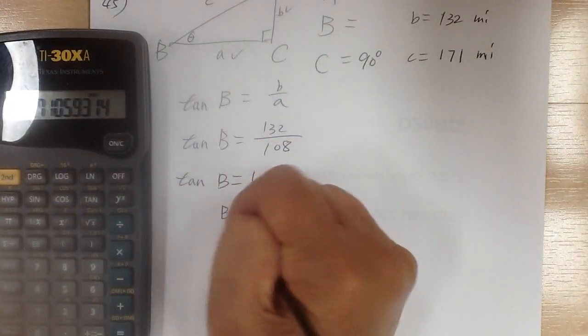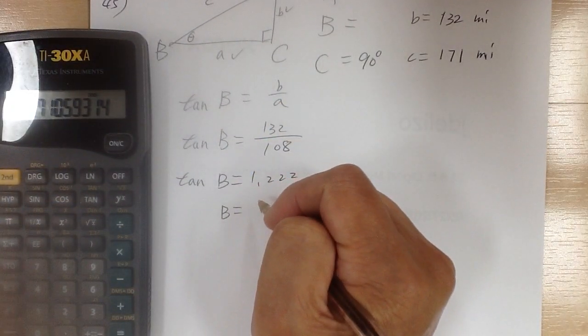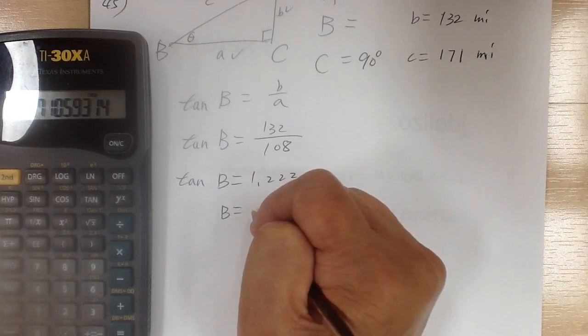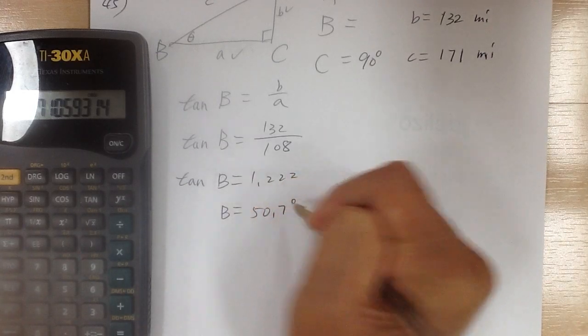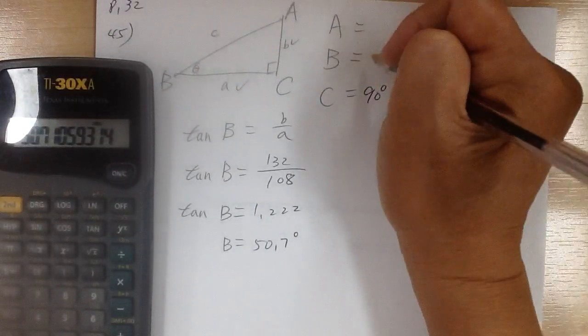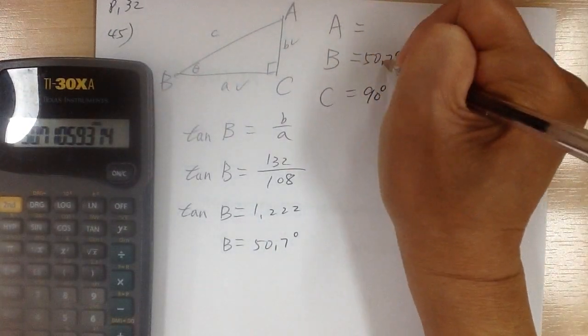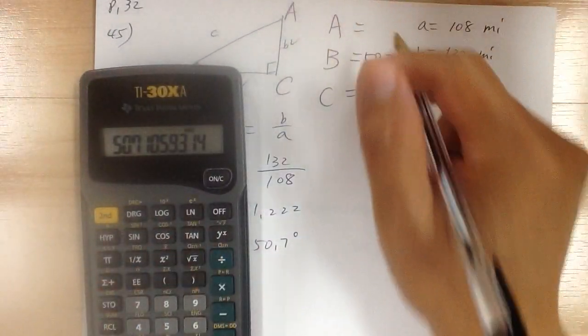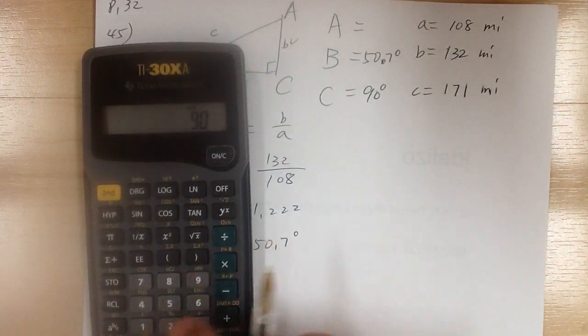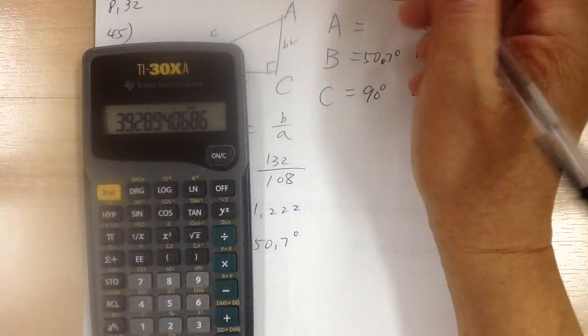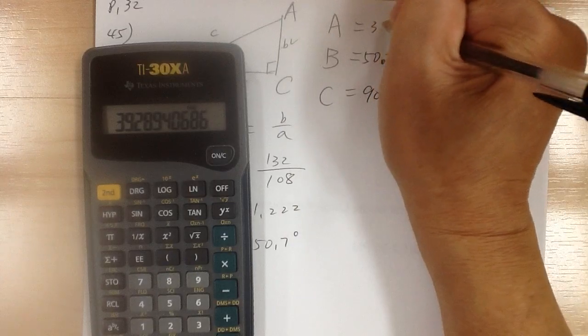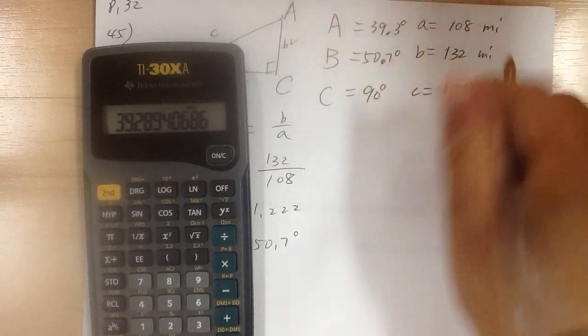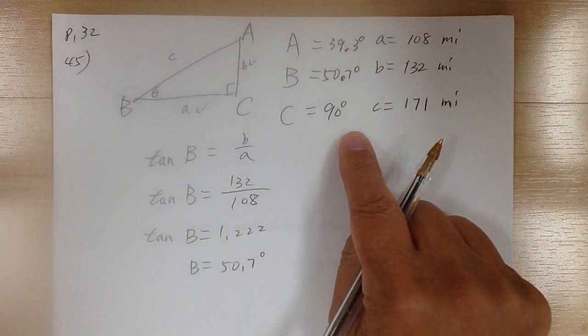So B equal to, and this one they want the nearest 0.1 degrees, so it'll be 50.7 degrees. And to find the other angle, you just use 90 minus that. So I'm just doing minus 90 and take the negative of that. So it'd be 39.3 degrees. Okay, and that's all the answers.